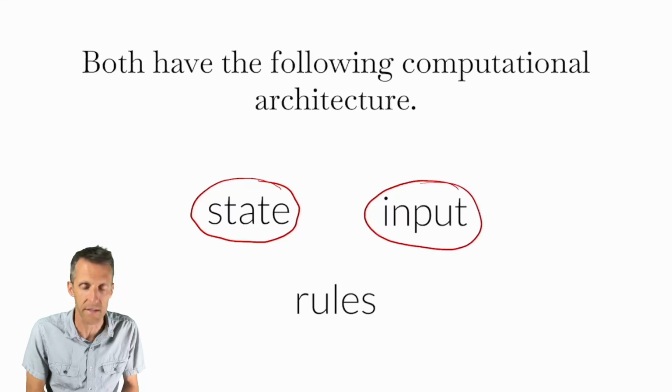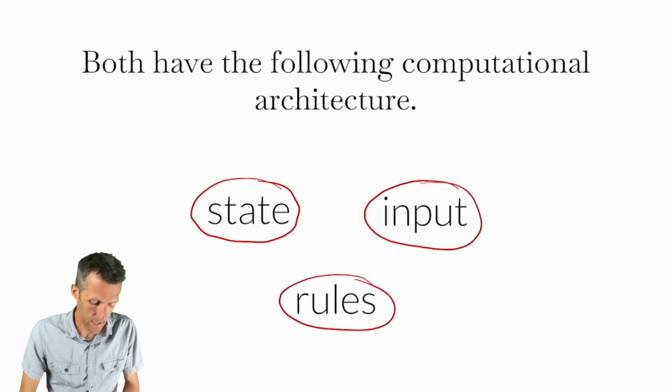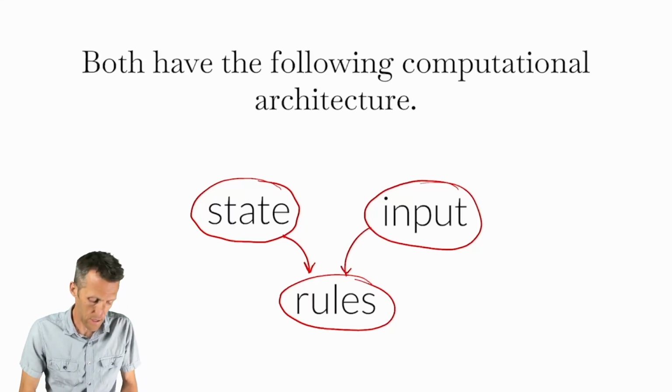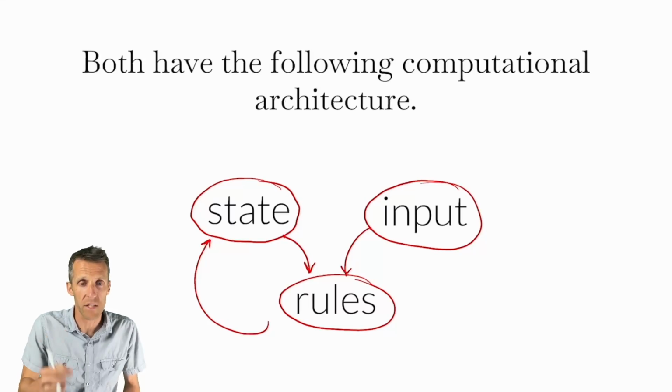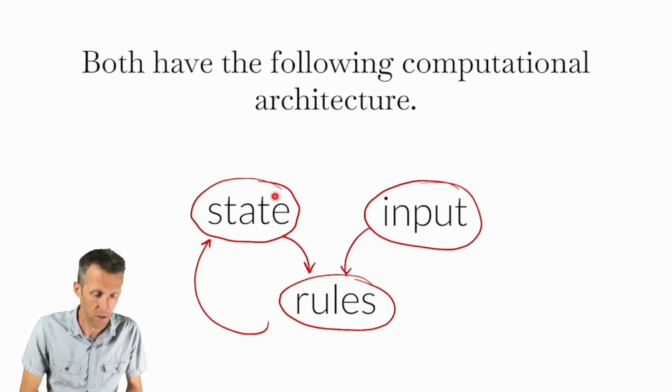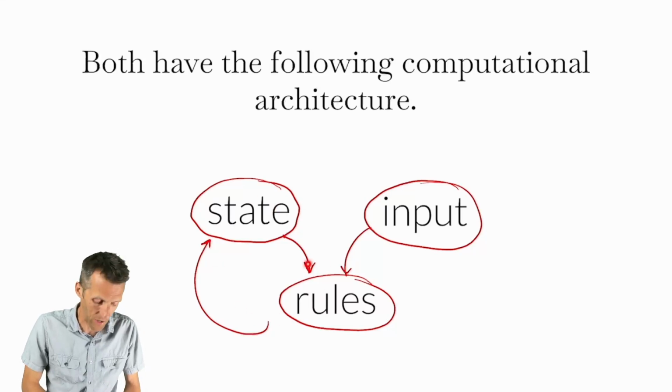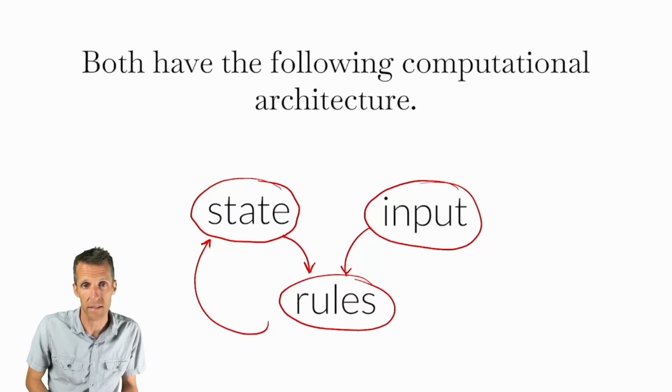They can take some kinds of inputs. They have a set of rules that they apply. And then the state and the input feed into those rules and then update the state. And this is where the computational magic comes in, because you have some state for the system, some set of rules that updates the state, you apply the rules, update the state. And right here, this is the sort of computational engine that's doing interesting things.